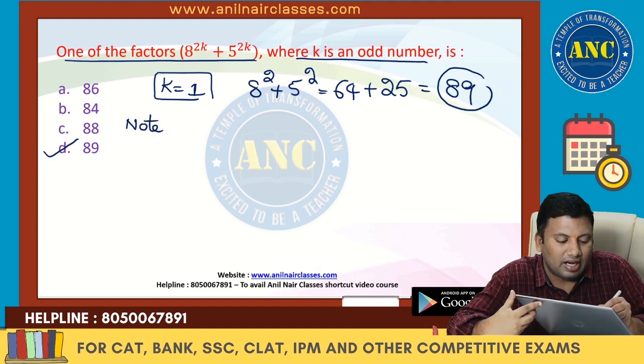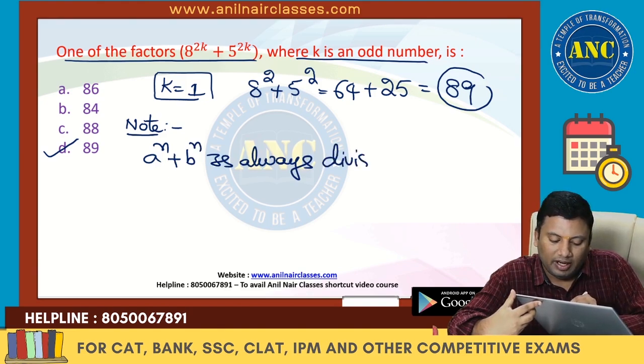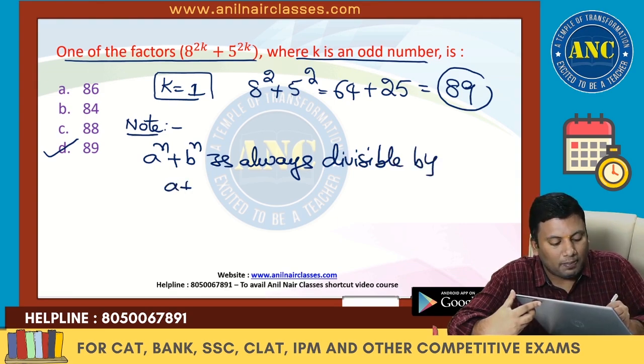Otherwise, please write down a note. A power n plus b power n is always divisible by a plus b if n is an odd number.